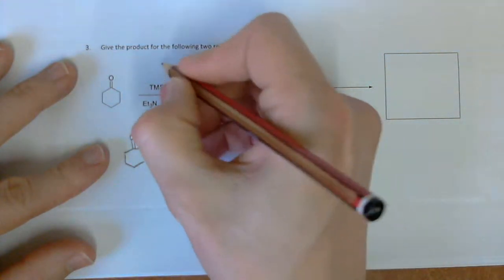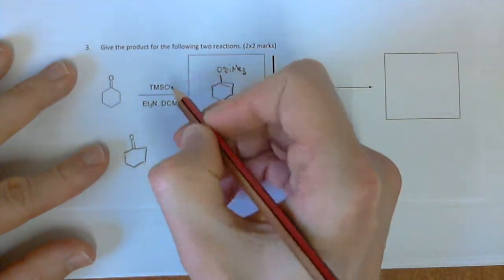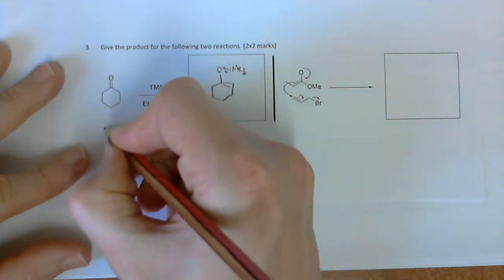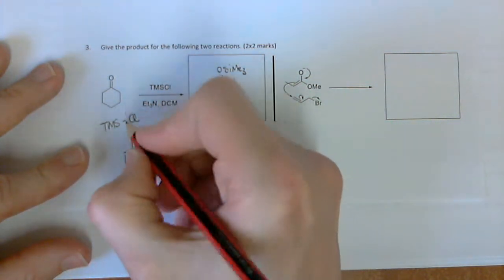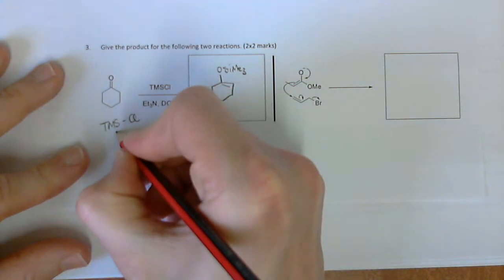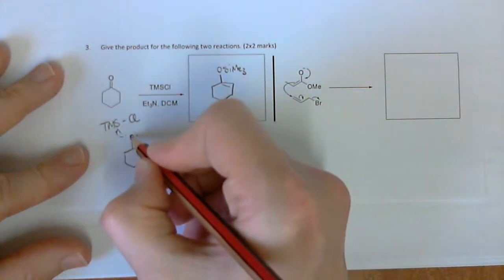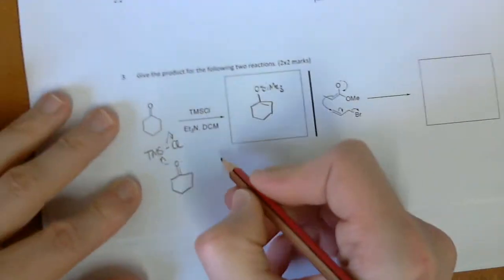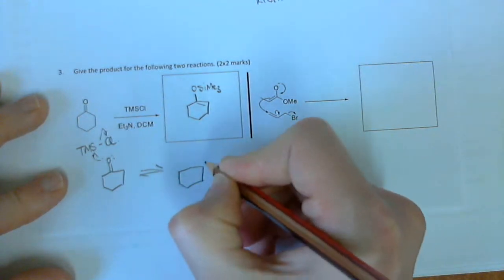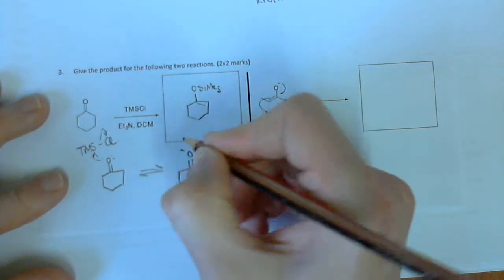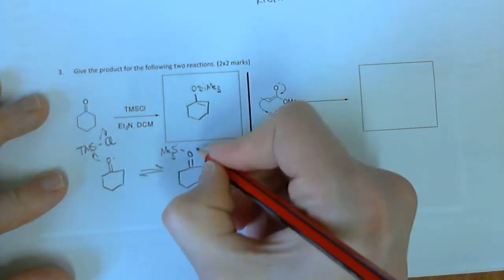Mechanistically, like I've told you in class, you can think of the TMS like a hydrogen. It's like HCl. So when you've got TMS and chlorine, it's like HCl. It can protonate the silicon, or silylate with the lone pair of electrons, kicking out the chlorine. It's an equilibrium, and we then end up with an O with the silyl group on. That's silicon with 3 methyls, which must be plus.